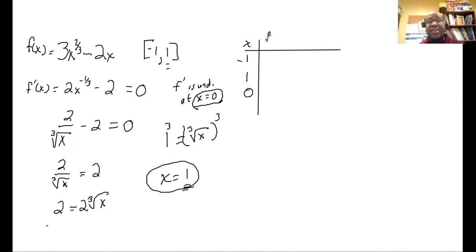And we're going to plug this into the original function, 3x to the 2/3 power minus 2x. All right, so now let's plug these values in.